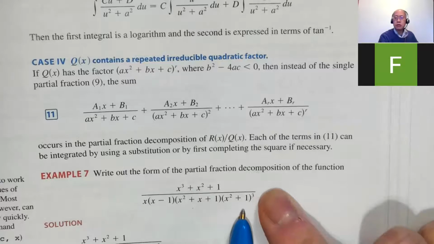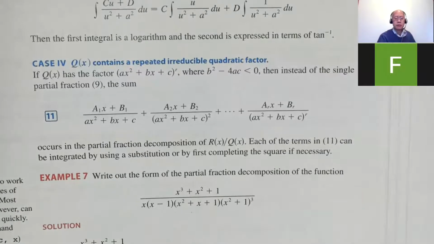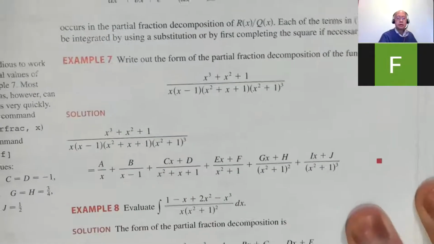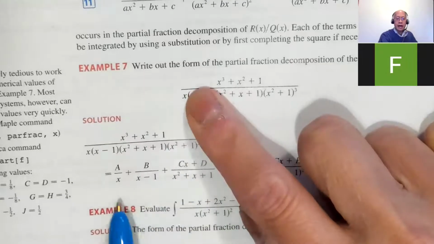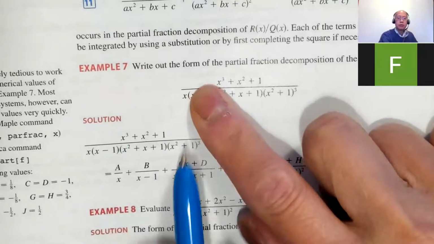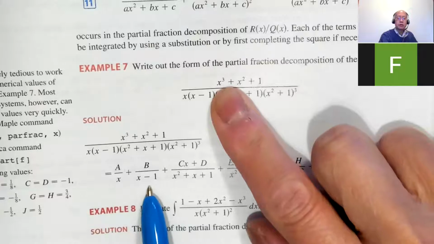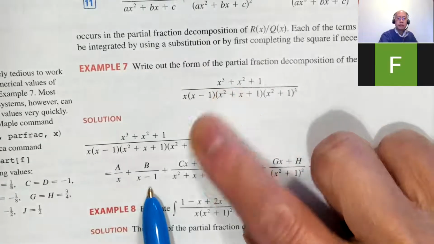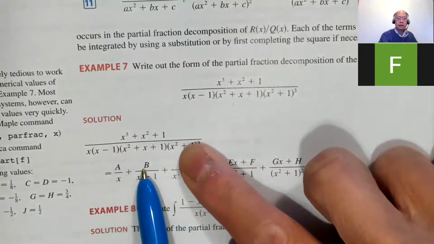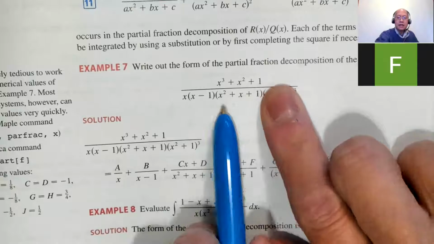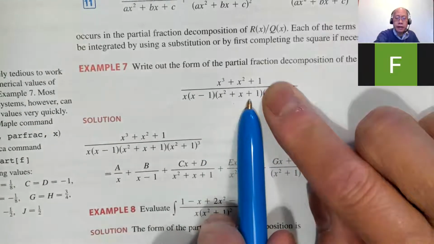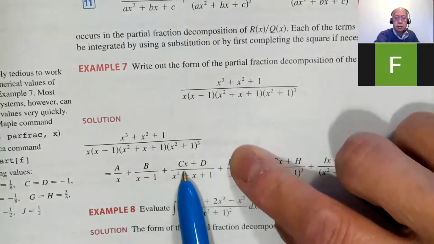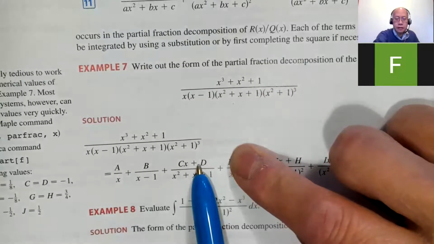Repeated irreducible quadratic factor. Okay, so let's look at what they do. Okay, x, normal. X minus 1, normal. A on top, B on top. This one, x squared plus x plus 1, irreducible quadratic. Cannot break it down. Cx plus d, linear.